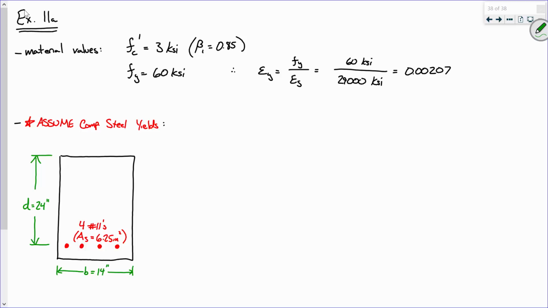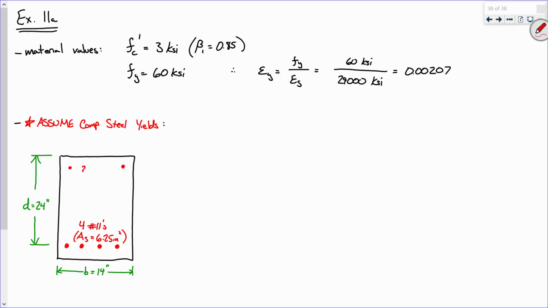Now, let's also be clear on a couple things, okay? Let's just assume that there's no steel right here. So what would we do? We'd say C equals T, and we're trying to figure out how deep that stress block is, right? Everybody with me on that? So we're still going to need to do that, but I have to recognize that I've got a bar here and a bar here, okay?